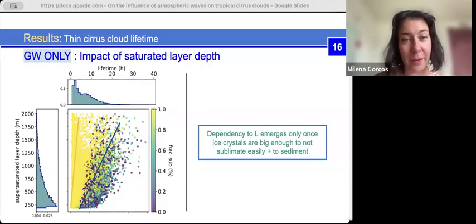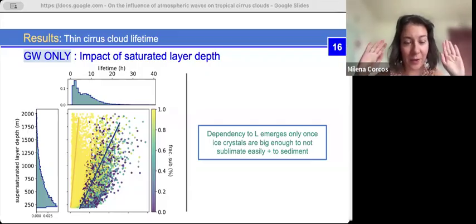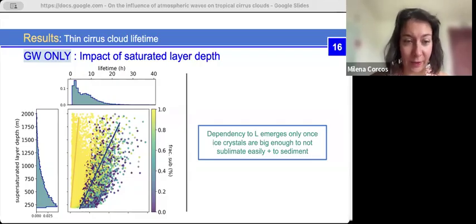But another very important parameter that can influence the cloud lifetime, of course, is the depth of this surrounding ice-saturated layer. Remember this blue homogeneous column that we represent? This determines how far ice crystals can sediment while remaining in saturated conditions.